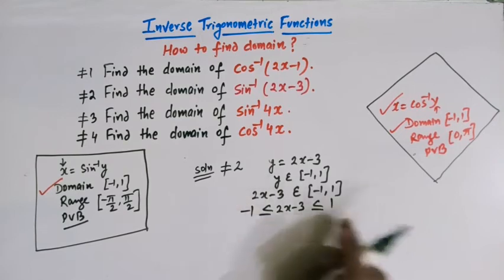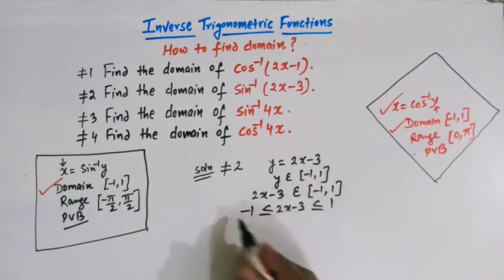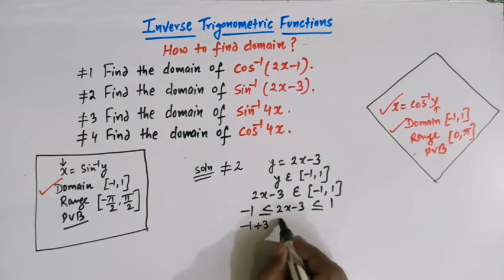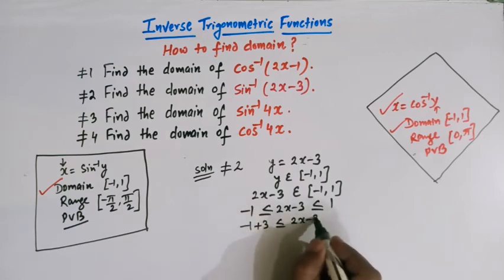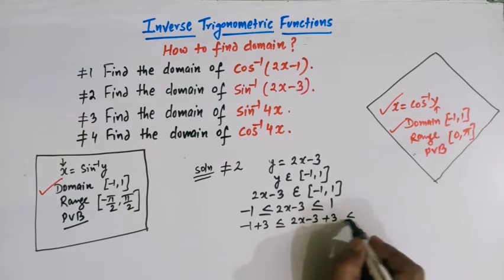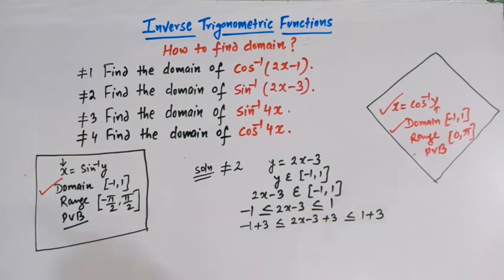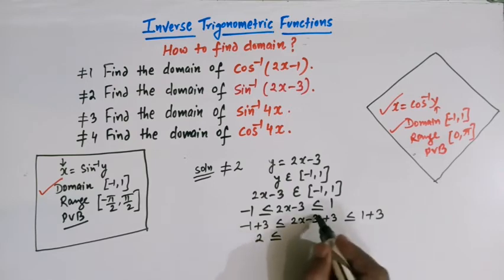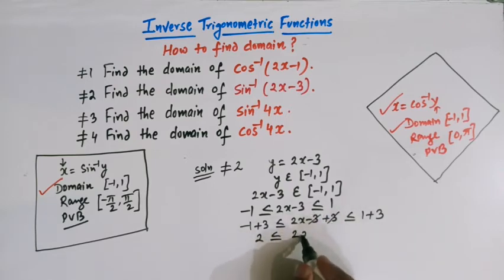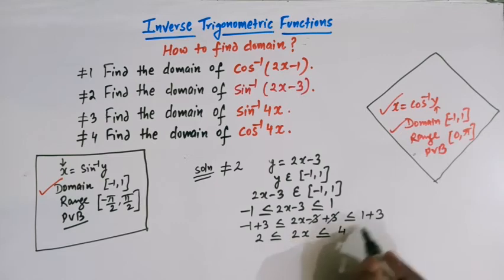Now adding 3 throughout this inequality, we have -1 plus 3, 2x minus 3 plus 3, and here we have 1 plus 3, right? So here we have 3 minus 1 equals 2, and the 3 and 3 cancel, so we have 2x, and here we have 1 plus 3 equal to 4.